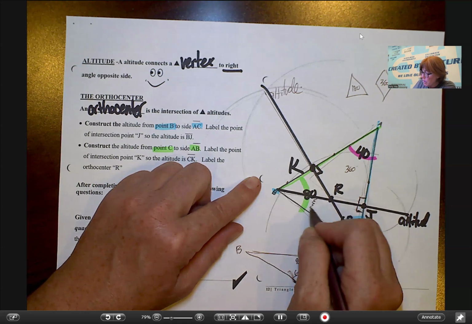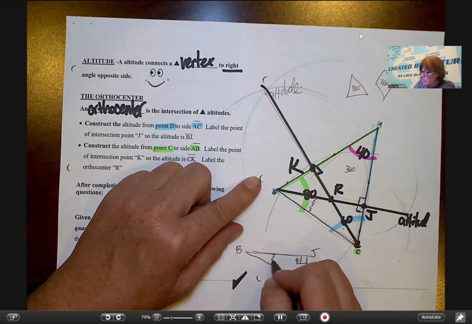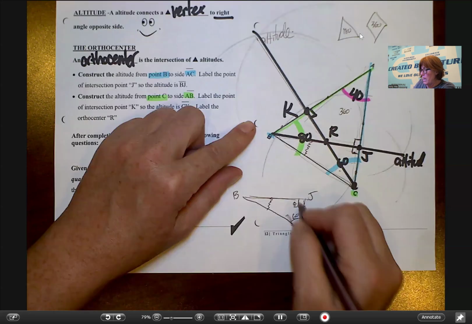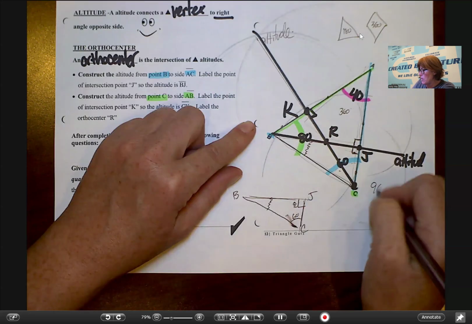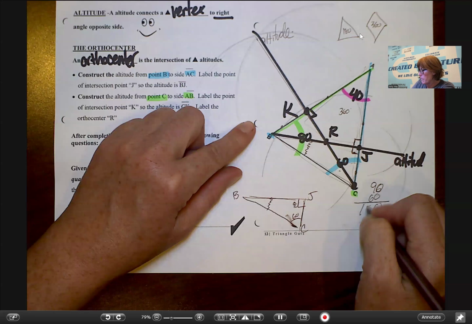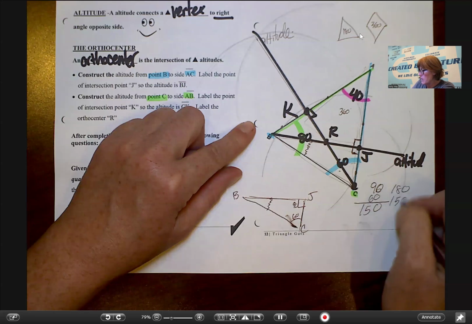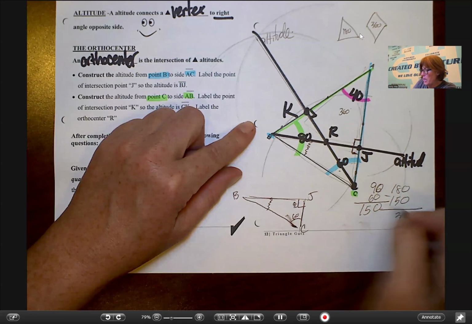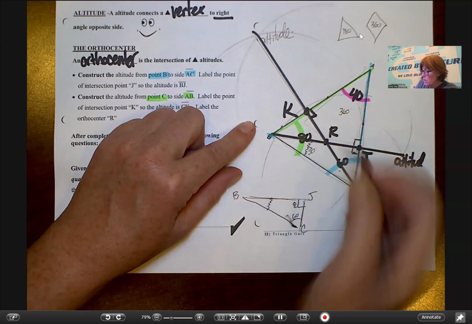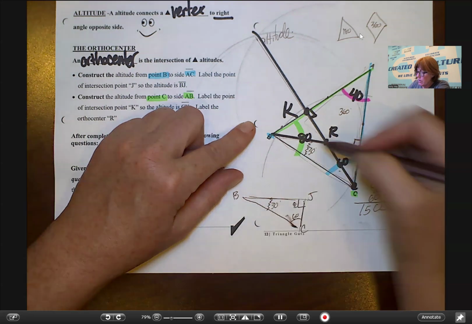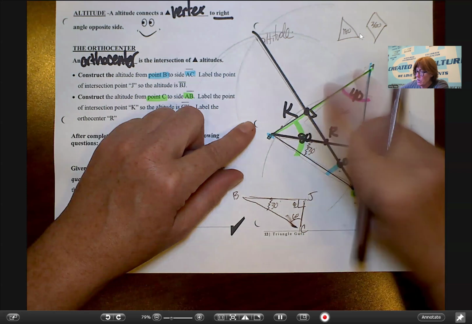You can add 90 plus 60, take it away from 180, and we get this brown squiggle to be 30 degrees. That's going to start you off. Finger trace.